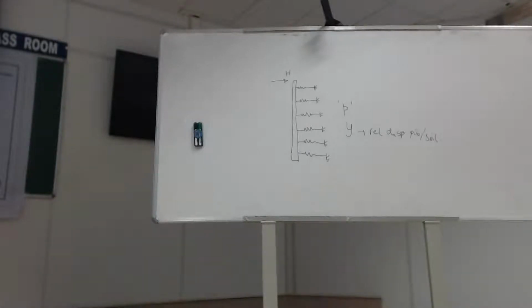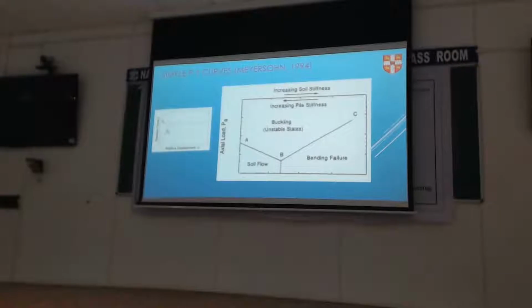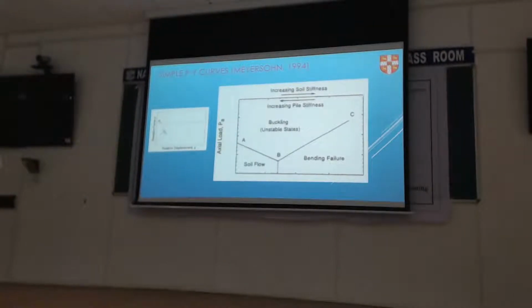One of the early attempts of looking at this pile soil interaction during earthquake loading was carried out by this guy called Merson Weirschon. He's clearly Danish or Dutch by origin. His PY spring was very simple.